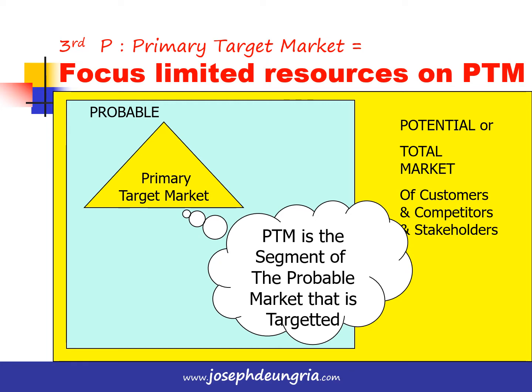Why do you need to target? Because you have limited resources. Resources as far as time, effort, organization. So the primary target market will be a subset of the probable market.